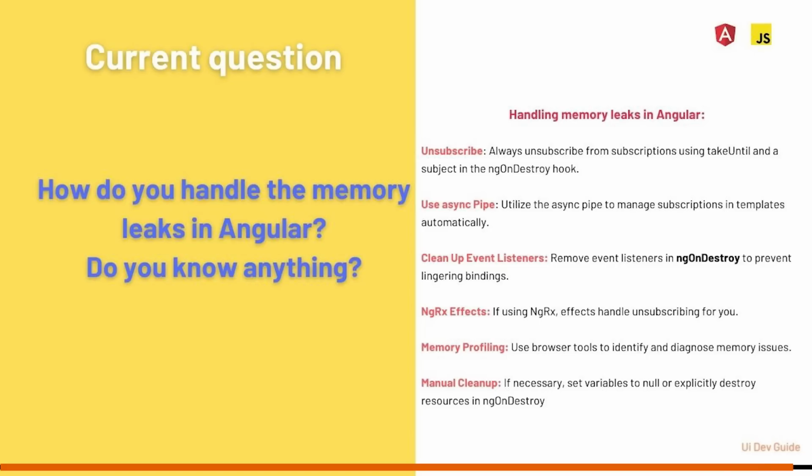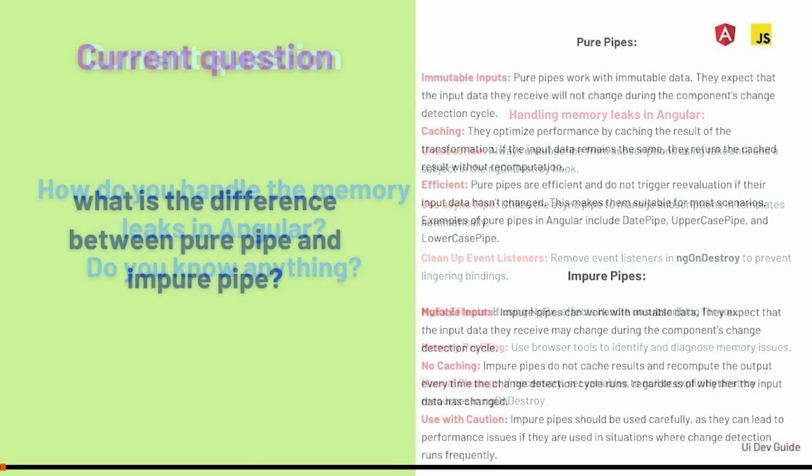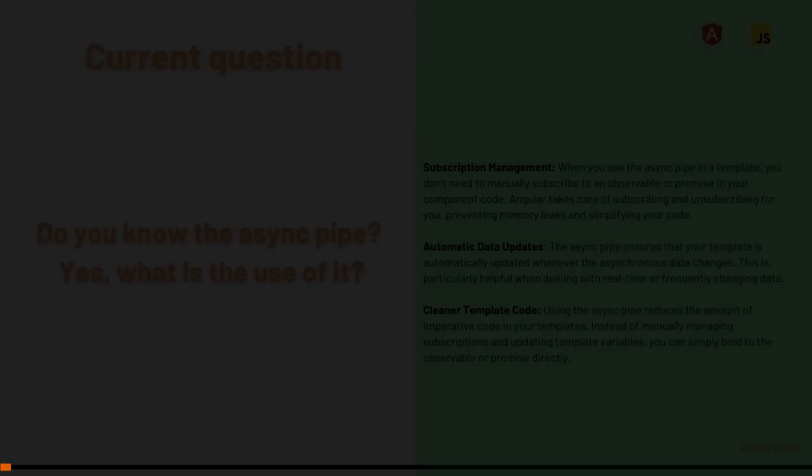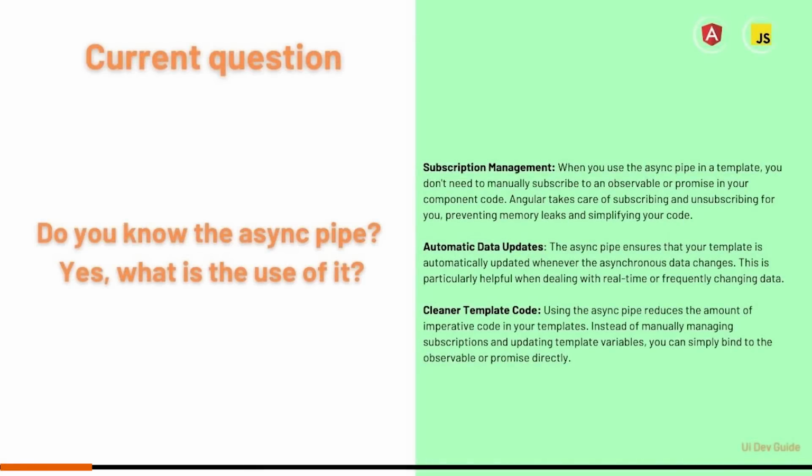Okay, correct. So what is the difference between pure pipe and impure pipe? Pure pipe works only when there is a pure change in the input, and impure pipe will execute on every change, and async pipe is basically the most common example of an impure pipe.